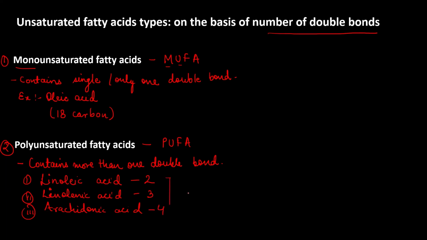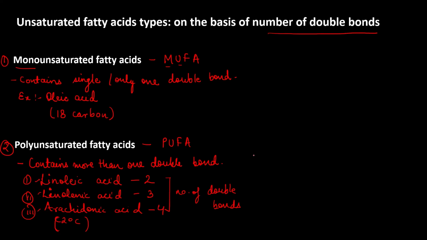So 2, 3, 4 is its number of double bonds. So linoleic and linolenic are of 18 carbon, while the arachidonic is of 20 carbon. So this is the example of polyunsaturated fatty acid.